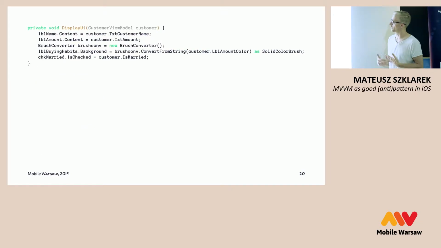Secondly, we have a simple function for displaying our view model in a UI component. Basically, it's code which binds the view model with UI elements.